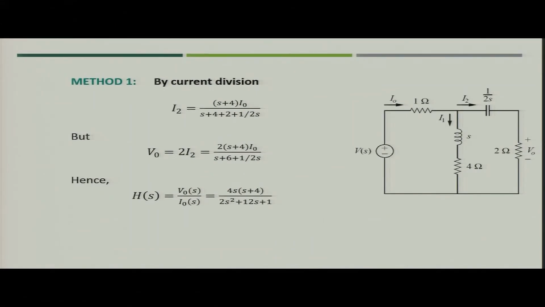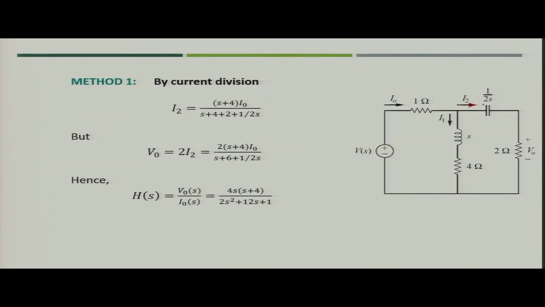Now, if you see this particular circuit, you will see that the current I2 can be found with the help of the current division method. In case of current division method, how will you apply? You see that the impedance of this particular leg is s plus 4.